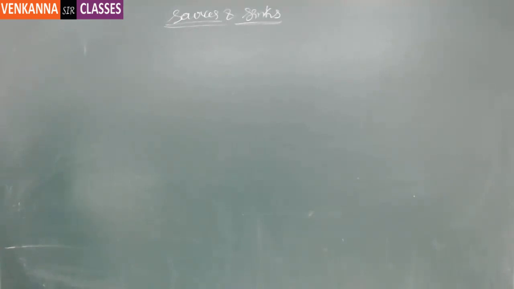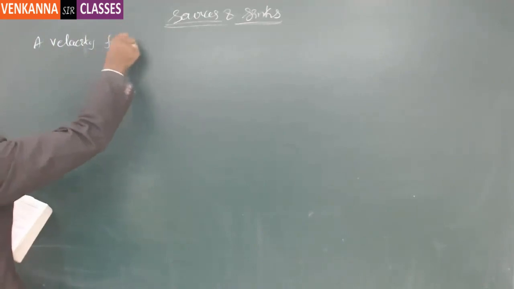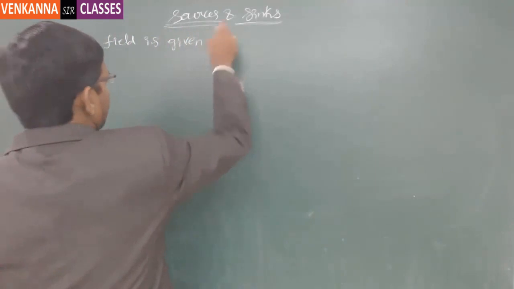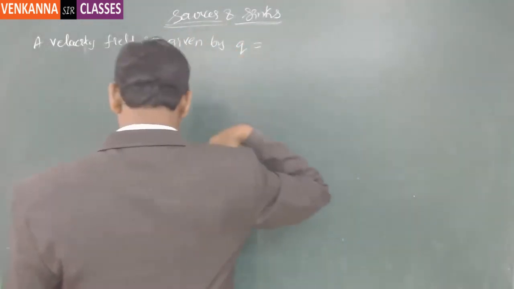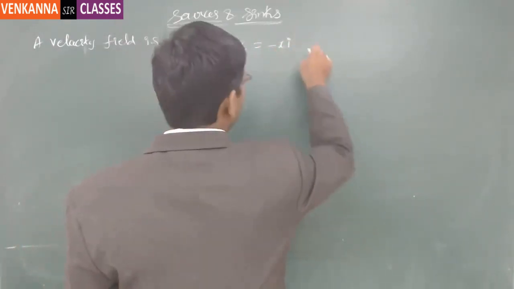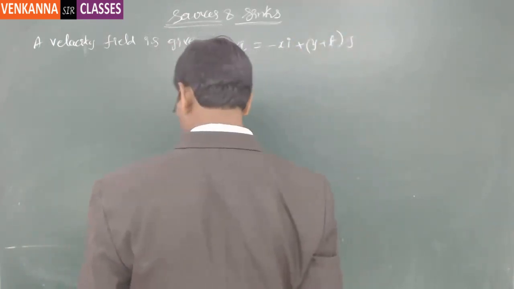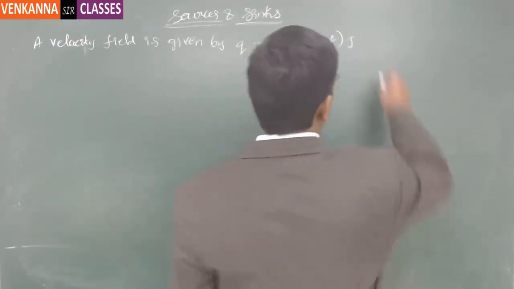Note down one more. A velocity field is given by Q equal to minus xi plus y plus t into j. Find the stream function and the streamlines for this field at t equal to 2.